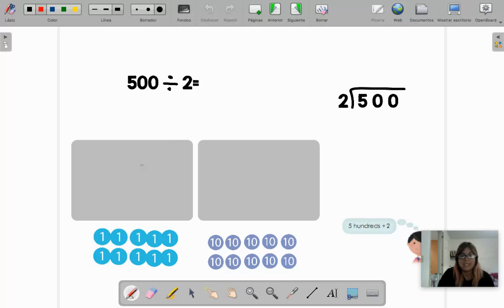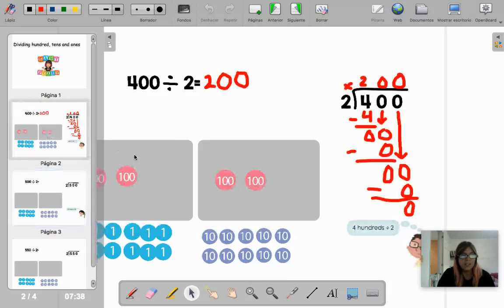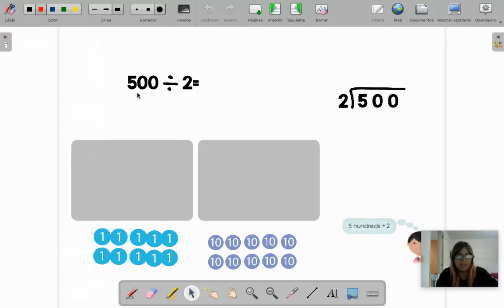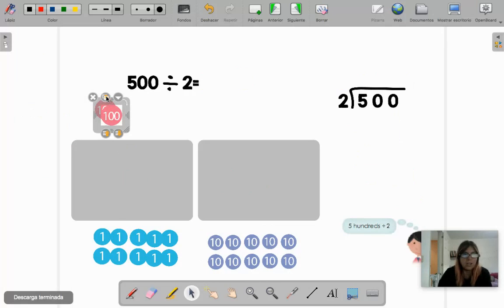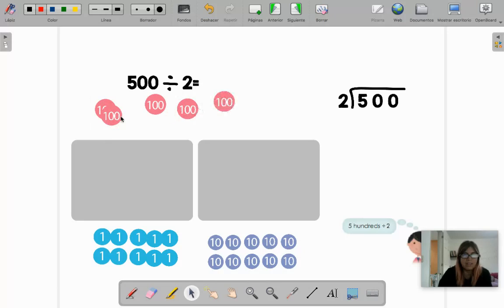Now it's 500. So let's build our number 500. Okay. 100, 200, 300, 400, 500. Here are my 500.